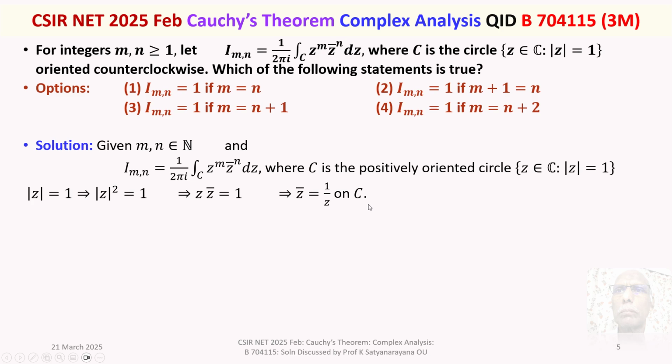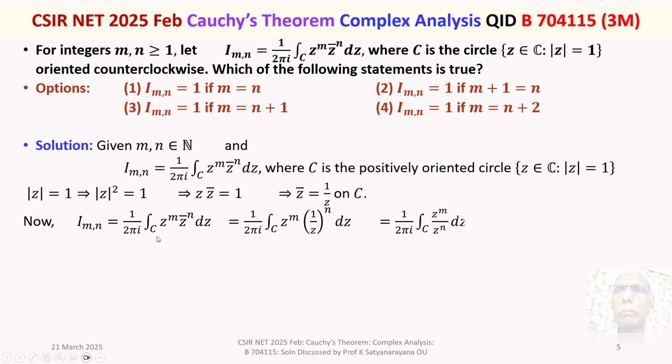The integration is on C. That means z revolves round C. Therefore, z bar will be 1/z on C while you are integrating around the circle C. Now, I_{m,n} = 1/(2πi) times the integral taken round C of z^m times z bar^n dz.